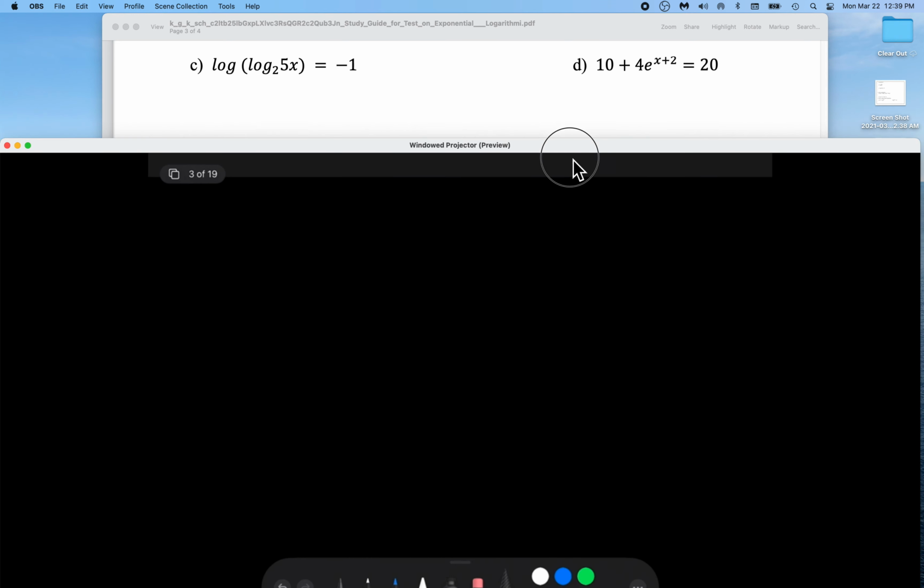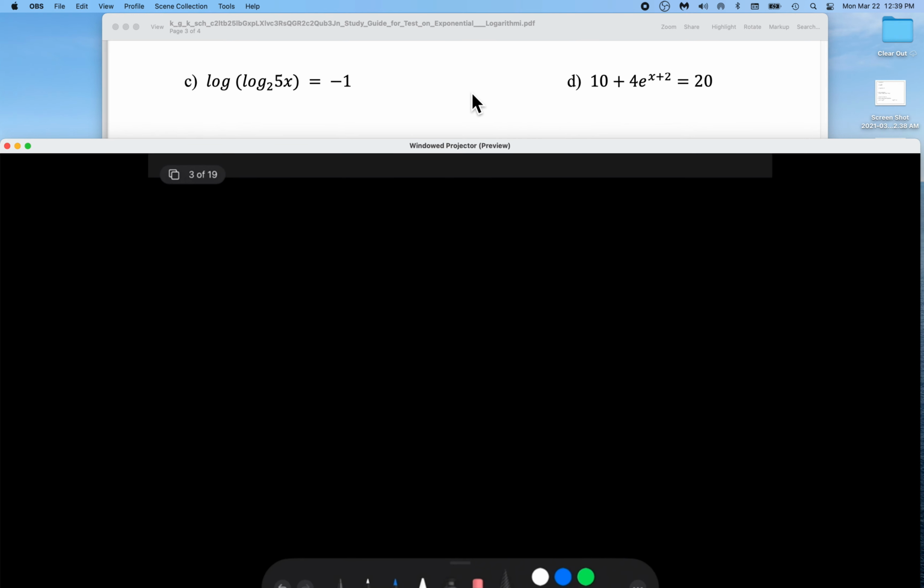Okay, what's going on here now? More of the same, where we have to solve for x. I'm looking at this problem. I have the log of a relative mess in here, but don't forget you have a base 10. So what I'm going to do is whirlybird, and I'm going to say 10 to the negative first power equals that.